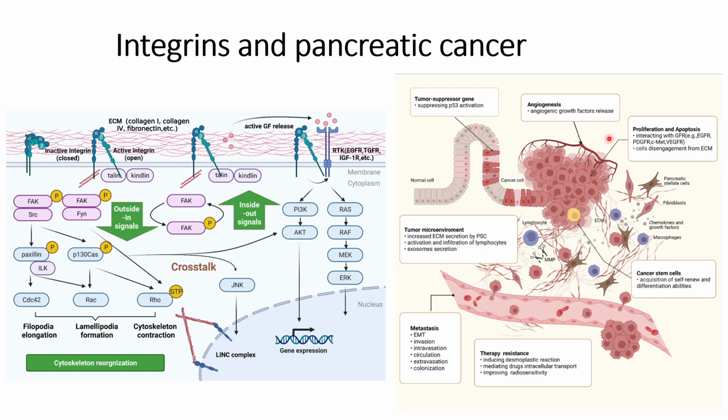Integrin beta 1 plays a role towards angiogenic growth factor, which helps in the nutrient supply to pancreatic cancers. And apart from this, it also plays an important role in the tumor microenvironment, and the tumor microenvironment acts as a physical barrier to prevent the pancreatic cancer from immune surveillance.